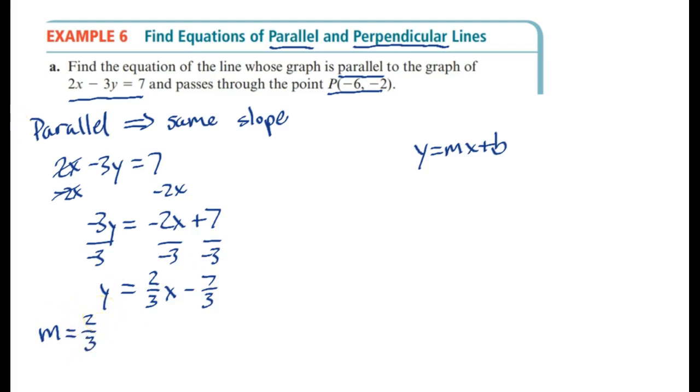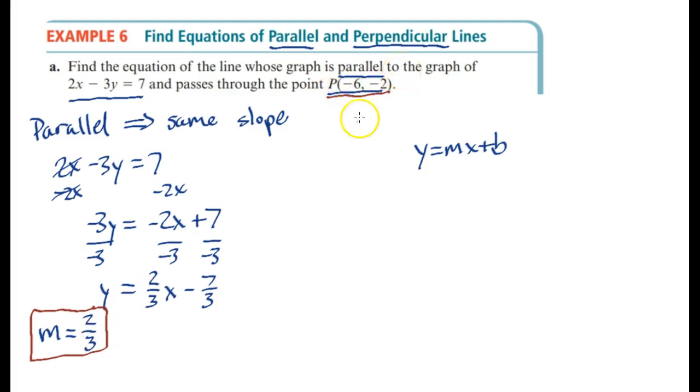Okay, so now we're ready to move on to the next part, which is using the slope that we've derived. That's the slope of this line, but since we know the line we're trying to find is parallel to this line, the slope of the line we're trying to find is also 2/3. We also know that this point goes through our line.